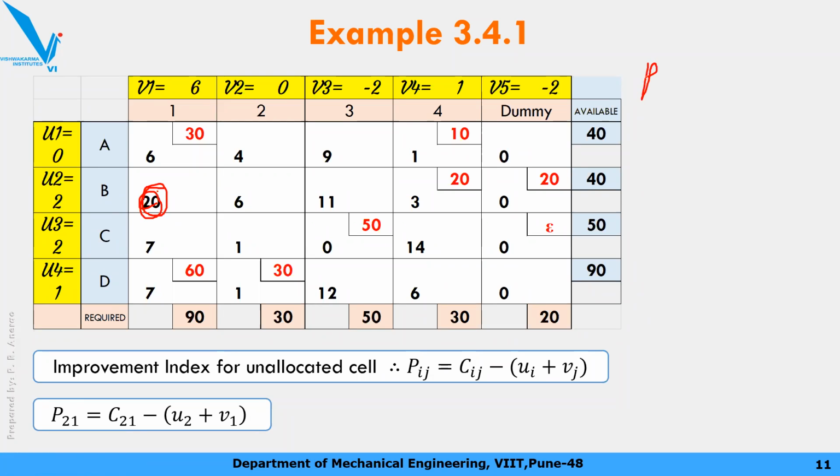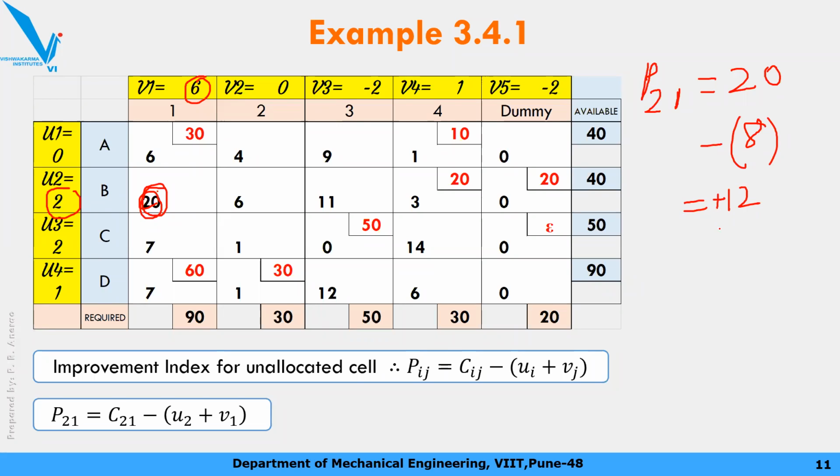So penalty for row number 2 column number 1 is equal to cost, कितना है वहां पे 20, minus u plus v. ओके u कितना है 2 plus v कितना है 6, so 2 plus 6 is 8. So that will be the penalty at this location, which is equal to 12.